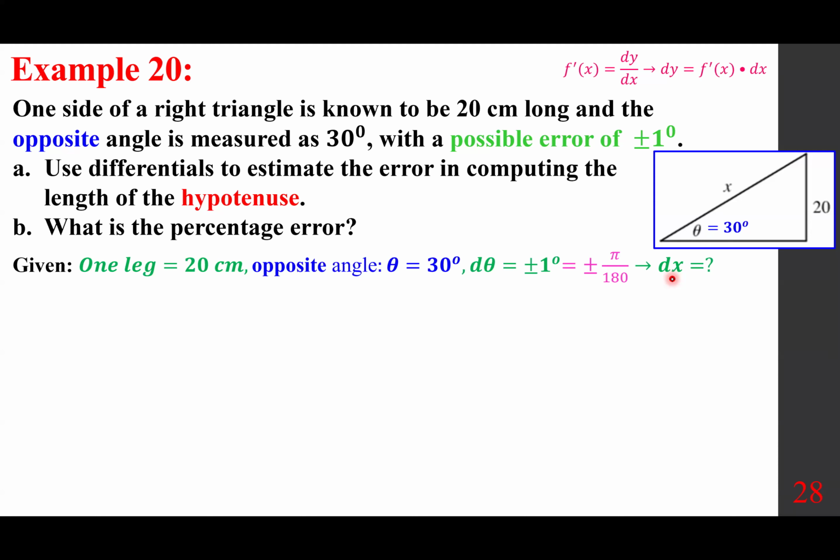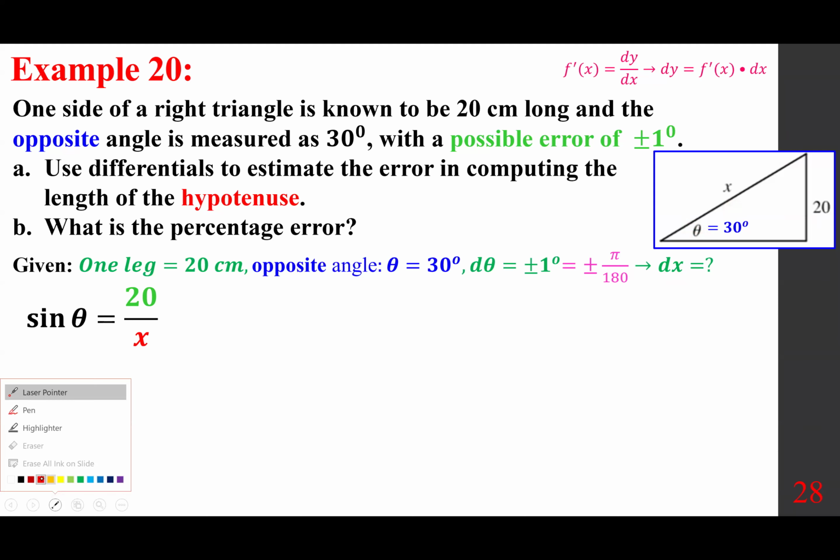So to do so, we are going to relate the two known values. We know that sine of theta is the opposite, which is 20, over the hypotenuse, which is x, in which case, the cross product, x times sine theta is 20, or x is 20 divided by sine theta, or 20 cosecant theta.